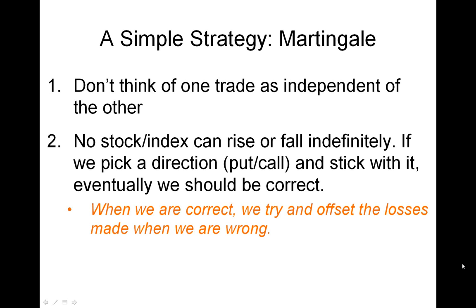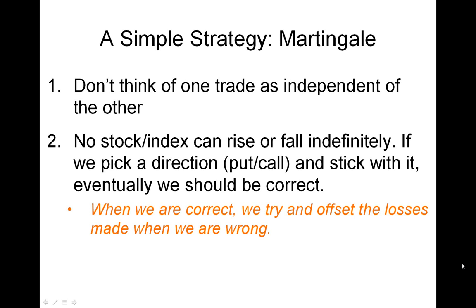Essentially, whenever we're correct, we try and offset the losses we made when we were wrong. So let's say we made a number of incorrect trades and we lost X dollars. As long as we're correct at some point in time, all we have to do is, whenever we're correct, make a profit of an amount that's greater than X dollars, greater than the amount that we've lost so far.